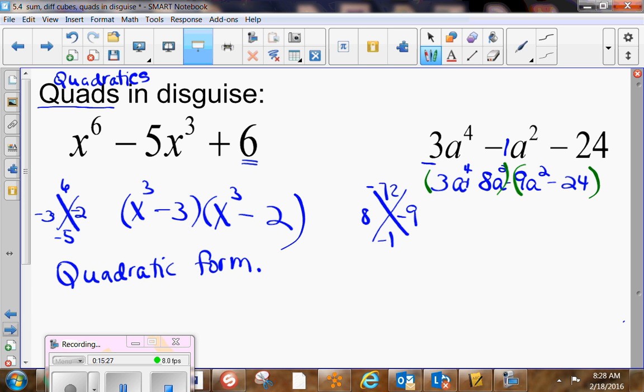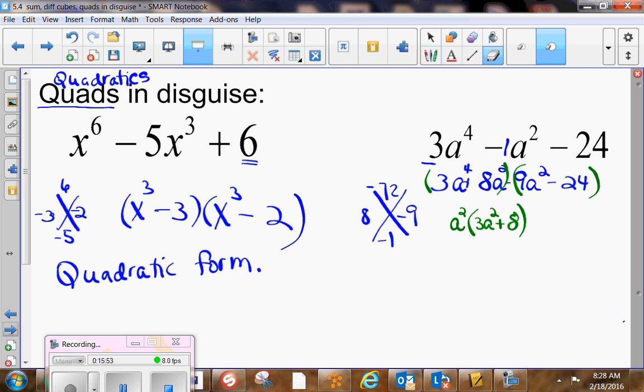I can pull an a squared out of the first one. I can pull a -9 out of the second group. I can't find them going anymore. Let's try 3. Then pull an a out.